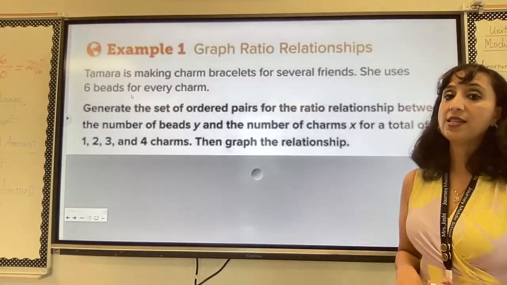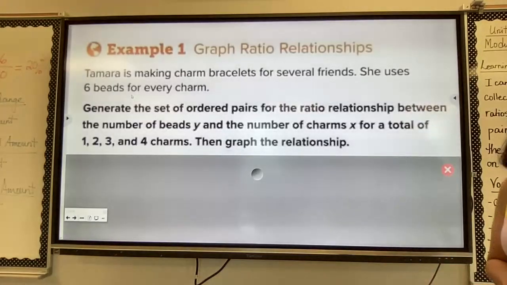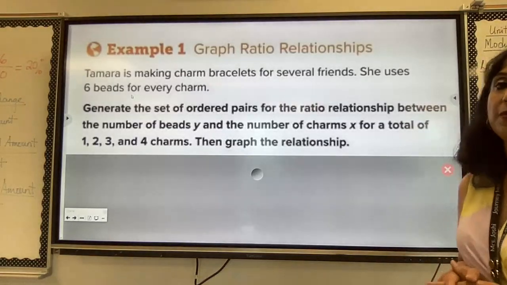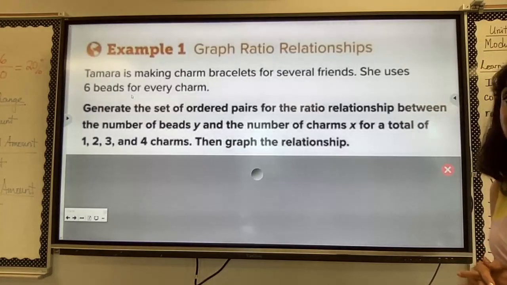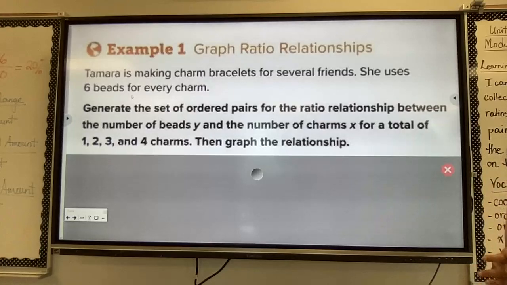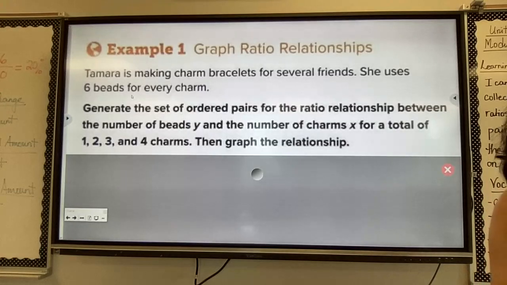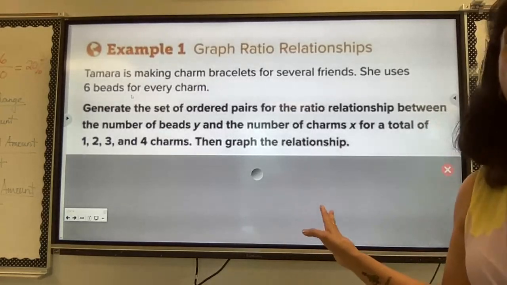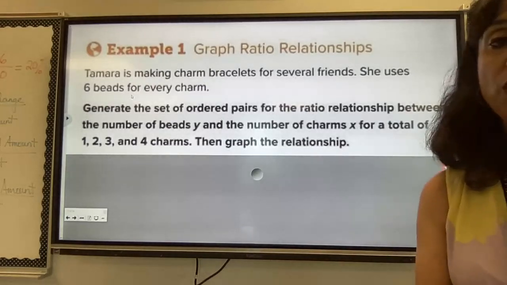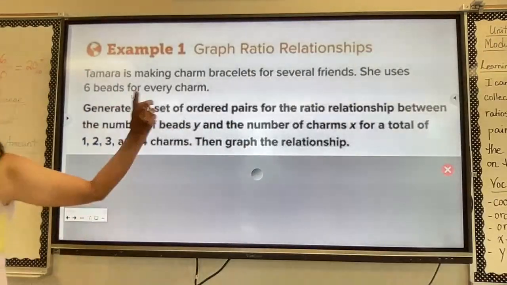Generate the set of ordered pairs for the ratio relationship between the number of beads Y and the number of charms X for a total of 1, 2, 3, and 4 charms, and then graph the relationship. I'm going to make a table for this here, and then I'll graph it over there.